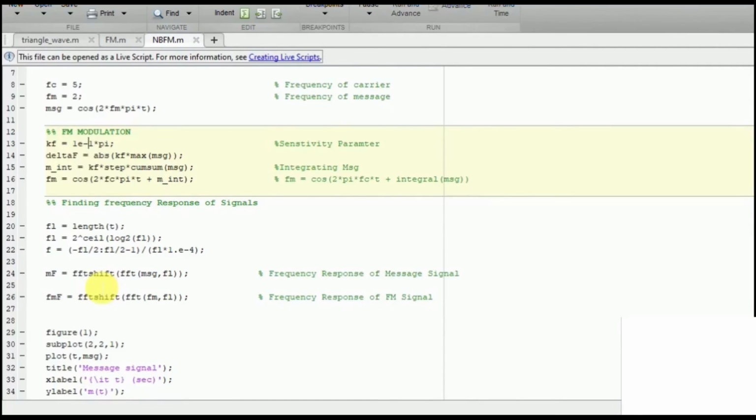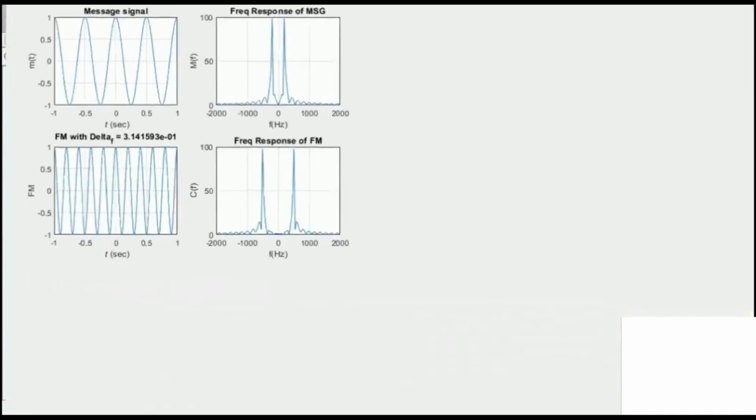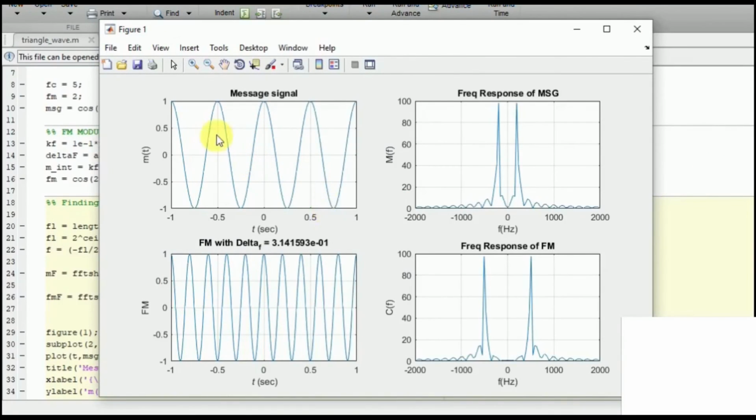So if we run this code, this is our message signal, the unmodulated baseband message, and this is the frequency modulated signal in the time domain. So these are two plots in the time domain.